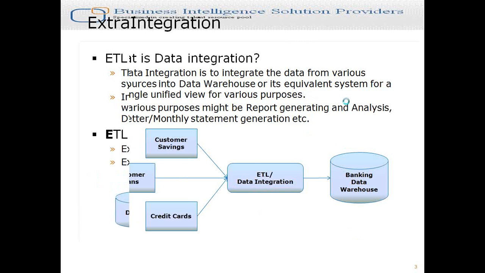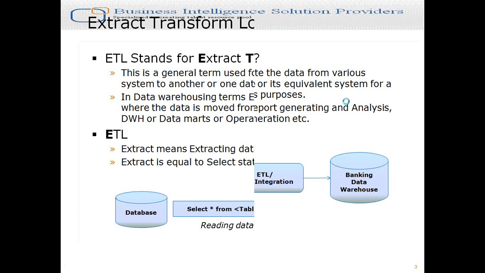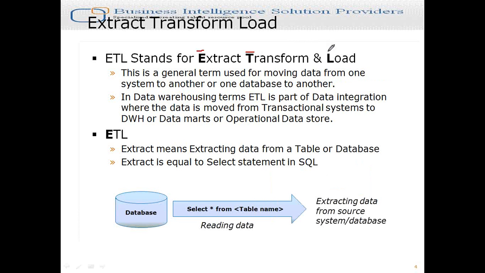Now let's see what ETL is. Like I said, E is for extraction, T is for transform, and L is for load. Extracting data from various source systems, transforming the extracted data with the business logic, and loading it into the target is your ETL.